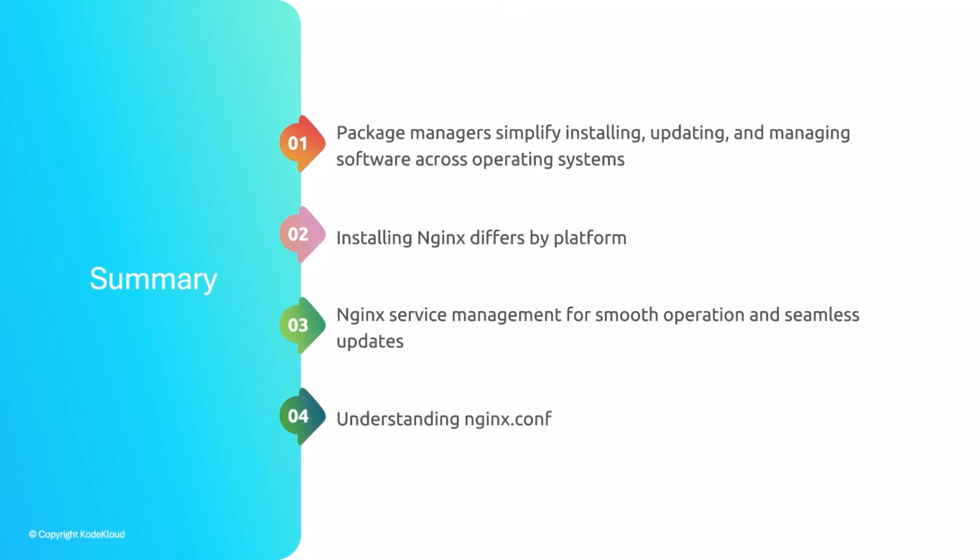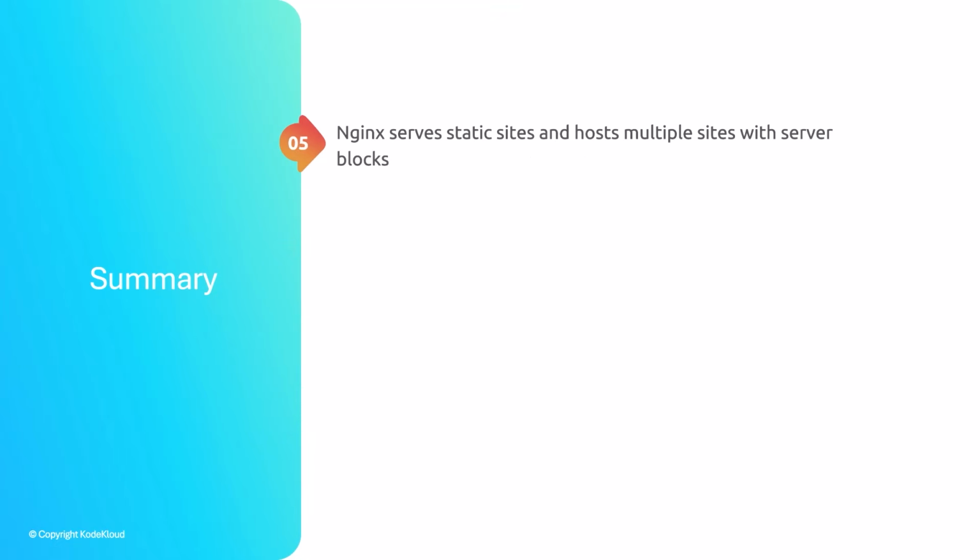We went over the nginx.conf, the global settings, the HTTP block, the events, and the server blocks as well. We learned that Nginx does serve static files very well, and you're able to use it and host multiple websites in one Nginx server using multiple server blocks. Now remember that you do want to pass in a server name there.